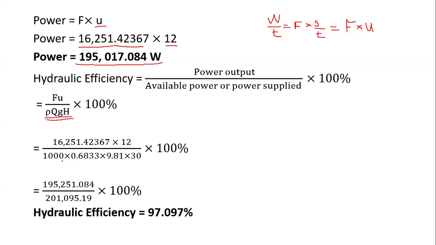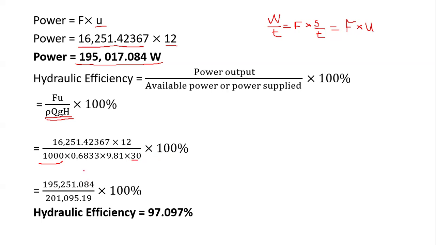So my density, because I'm dealing with water, is 1,000. The discharge, water coming out from the nozzle there, is 0.6833 cubic meters per unit time. And this g is 9.81. Then this is my 30.